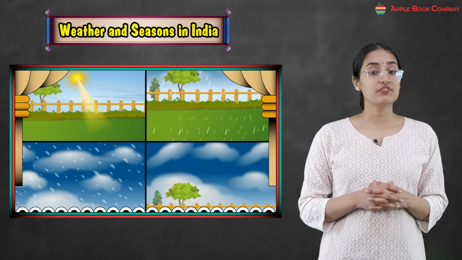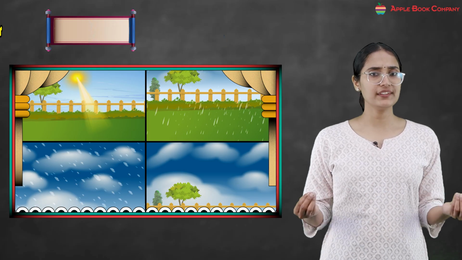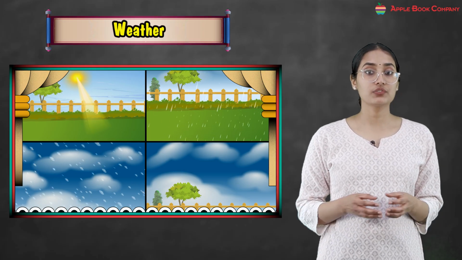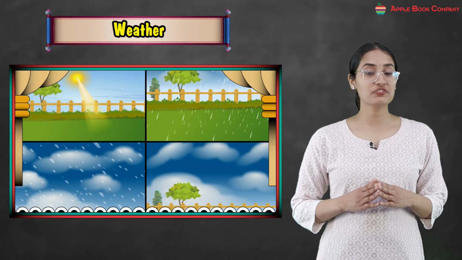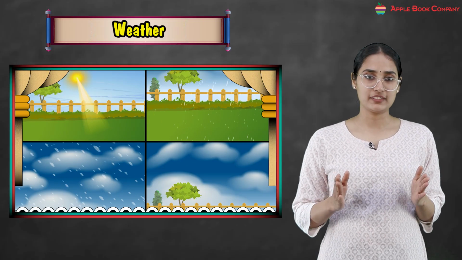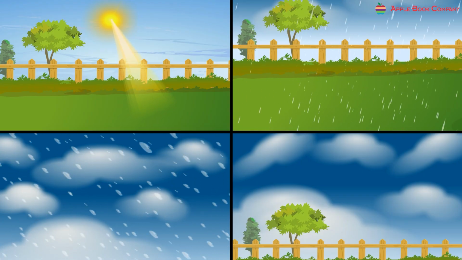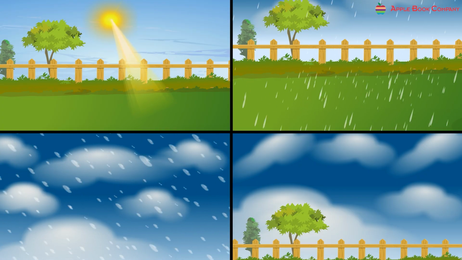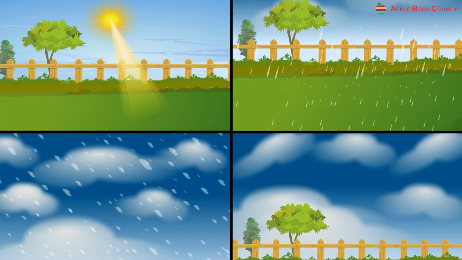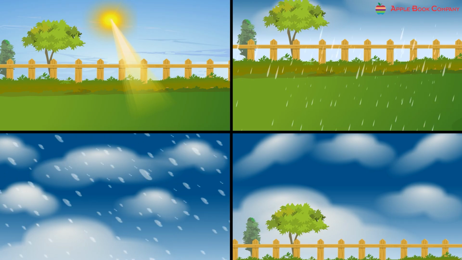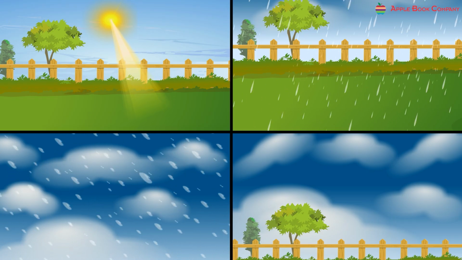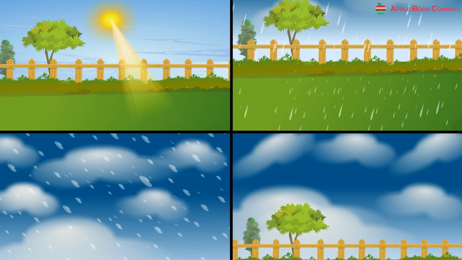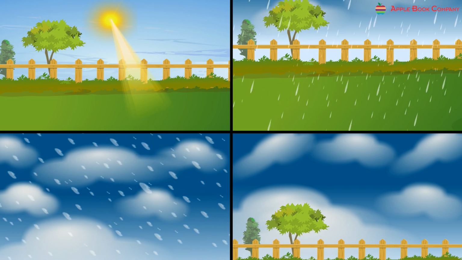Let's begin with first understanding what is weather. Weather is the condition of the air at a certain place and time. It includes temperature, wind, rain and sunshine. So kids, weather affects what we wear, what we do and how plants and animals live.